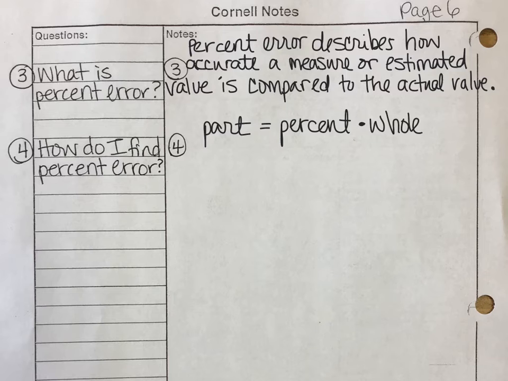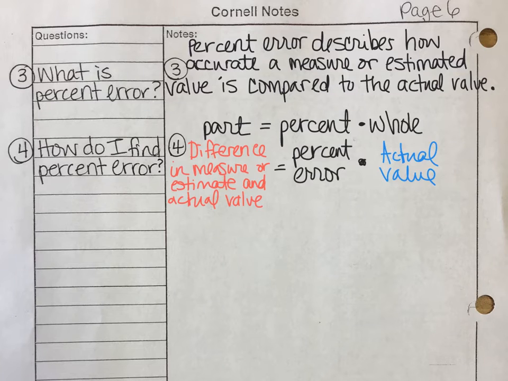As you might expect, we're going to go back to that percent equation, but this time we need to identify what does the part mean in a percent error question and what does the whole mean in a percent error question. In a percent error question, the part is still a subtraction. This time though, you need to find the difference in the measure or the estimated value and the actual value.